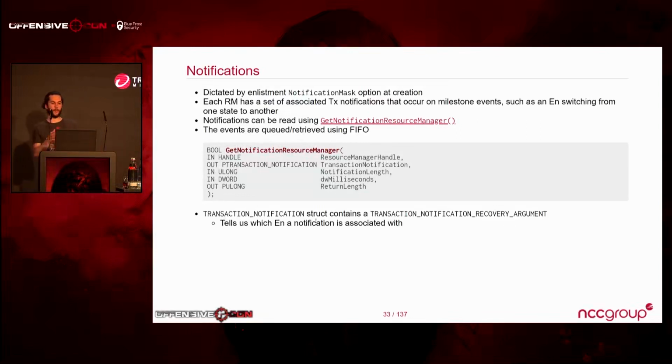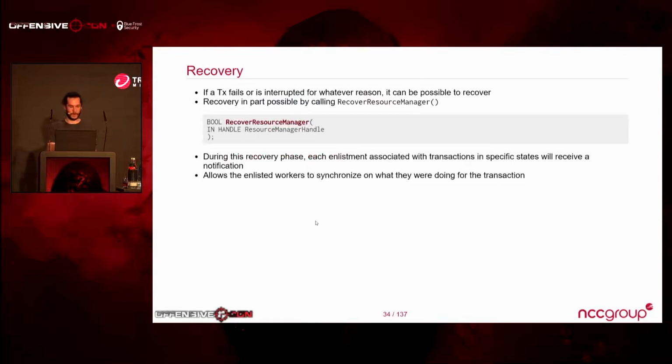Basically, it's on a first in, first out basis, and you can follow that from userland. You can even tell which enlistment had the notification by the structure that is returned from the kernel to userland.